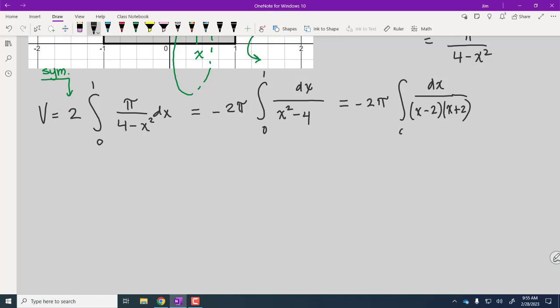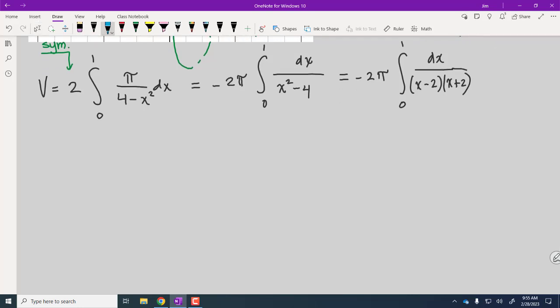So we're going to take the inside of this integral and let's rewrite it using partial fraction decomp. And we have two linear factors. So that's going to be our decomp.